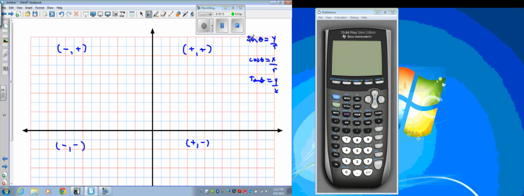And then cosecant's the invert here, secant's the invert here, and cotangent's the invert here. So r is always what in every quadrant? Positive. So whether the sign is positive or negative will depend upon what the y value is, right?